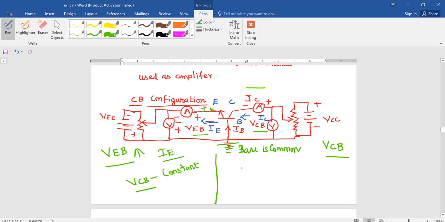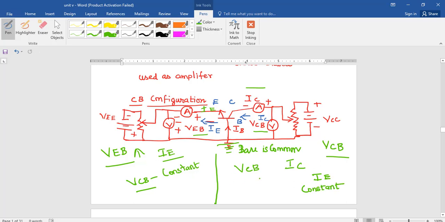What is output characteristics? A graph drawn between VCB and IC is called as output characteristics. Here, IE is constant.